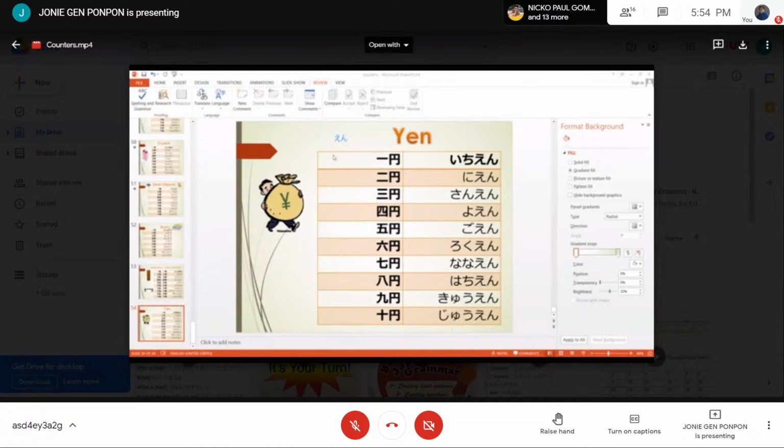Then if you will ask naman how many or how much, okay? How much is it? You can't say nan en desu ka, diba? Because if you say currency, that is money. That's why you will ask there how much.